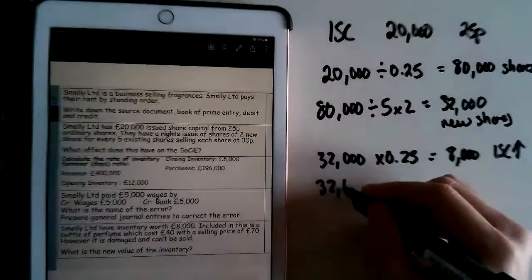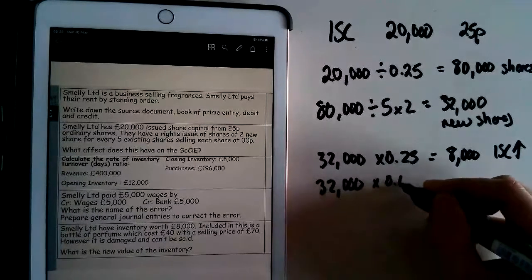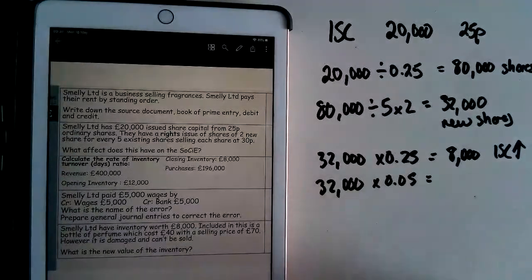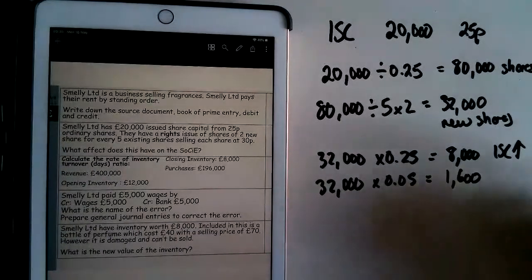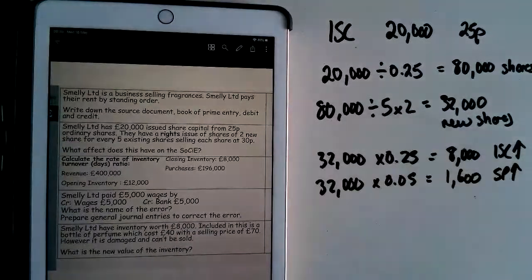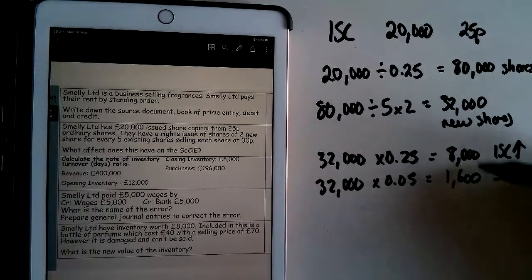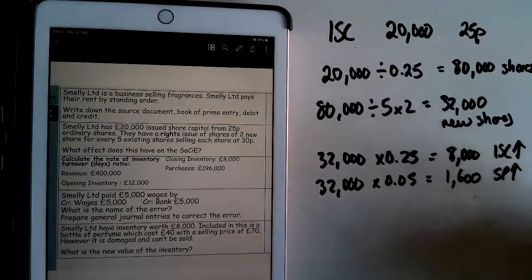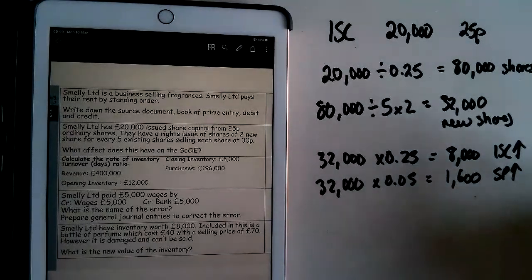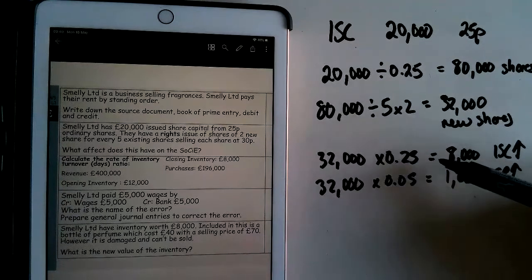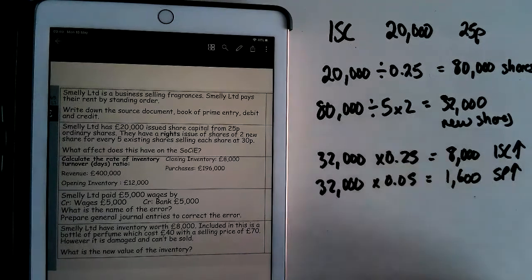And we split up the rest, which is the 5p, which we call our share premium, which is 1,600, and that will make the share premium go up. Combined, so 9,600 altogether, that's how much will go in the bank, and that's how much our equity will increase overall. But for the sake of the accounts, we split it up into issued share capital, so nominal value, and the share premium.